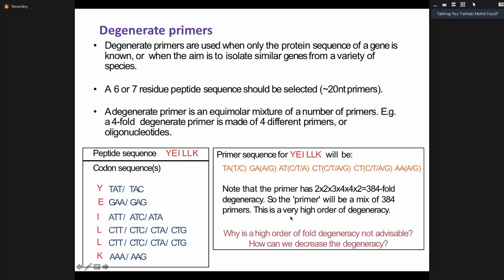This is a very high order of degeneracy. Is it advisable? No. So try to decrease the degeneracy by selecting a different region, or choose a region with amino acids of lower degeneracy value.